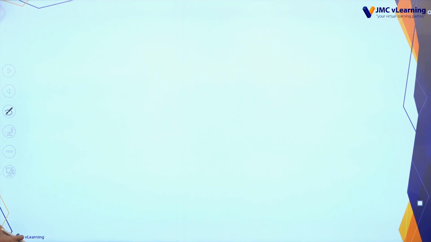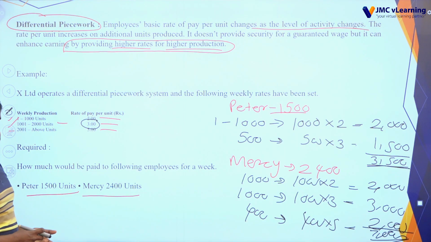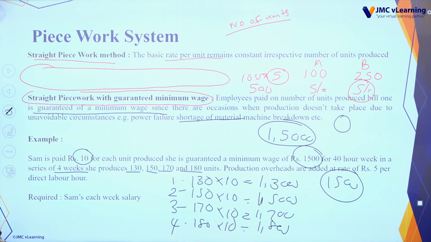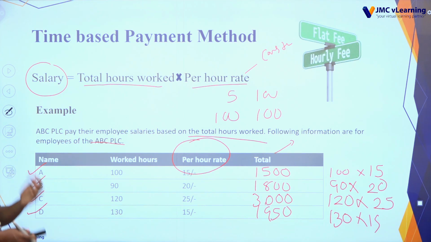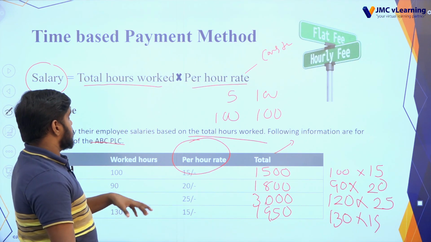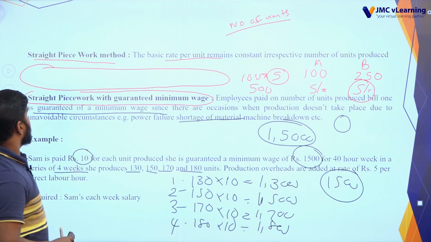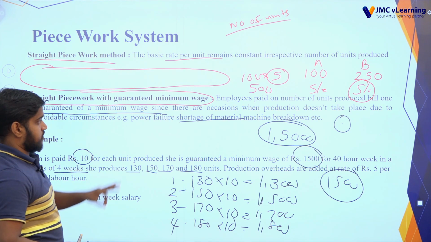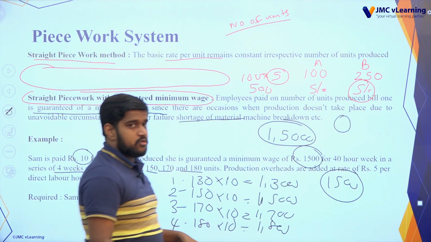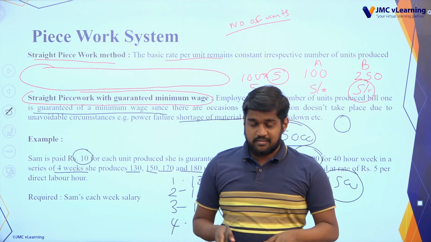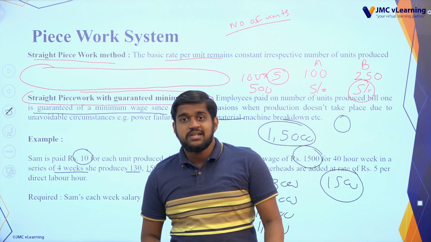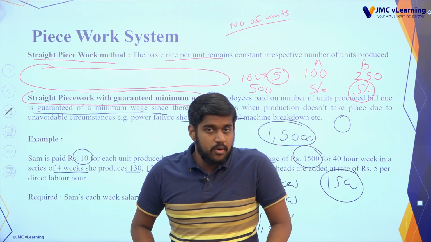This is about the salary calculation method. As I mentioned, we have two main methods that we can use to calculate salary. First one, the time based payment method, and second one, the piecework system method. Okay, this is about the salary calculation method. Then we can move on to overtime.